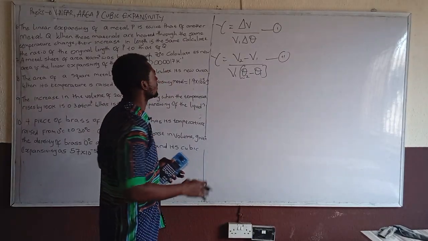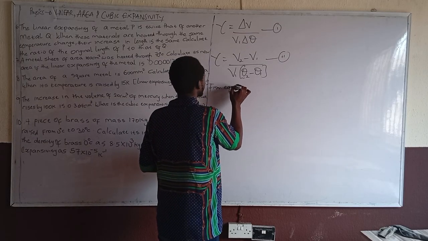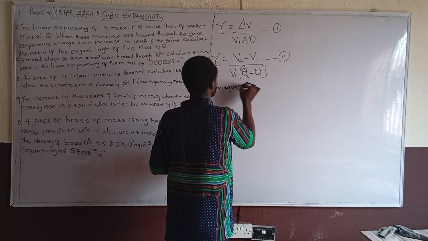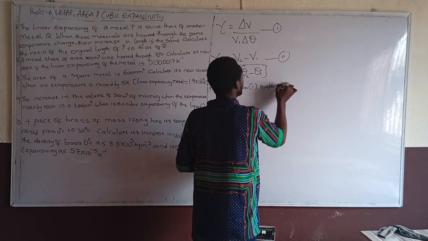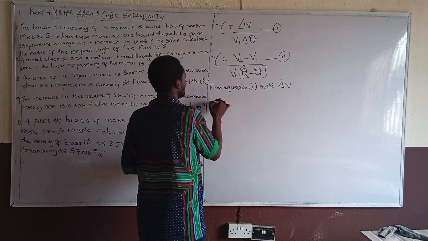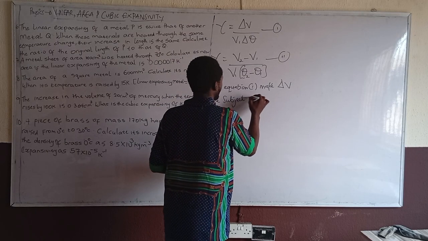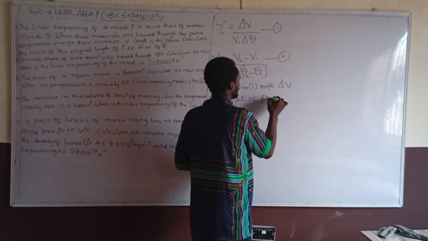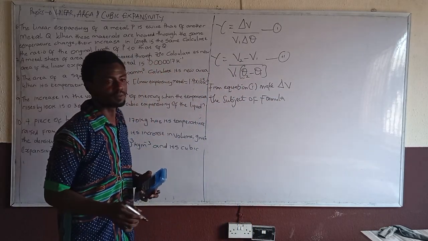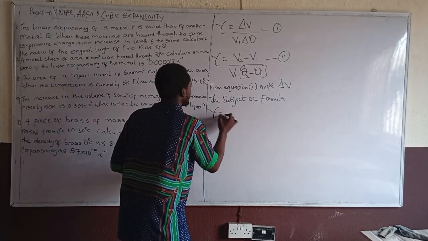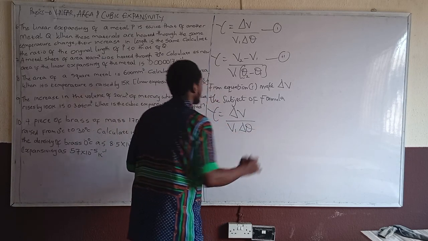So from equation 1, make delta V the subject of formula. If I make delta V the subject, gamma is delta V over V1 delta theta.